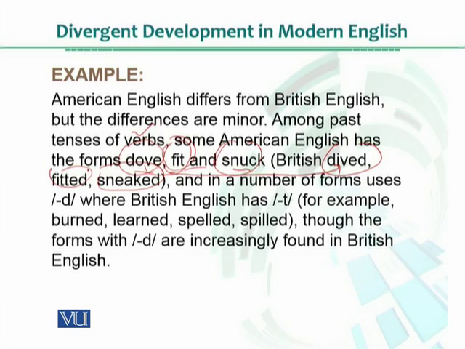Also, in a number of forms, the use of ed in American English is found where British English has t. So, burned, learned, spelled, this use of ed. If you compare it with British English, that would be burnt, learnt, and spelt.